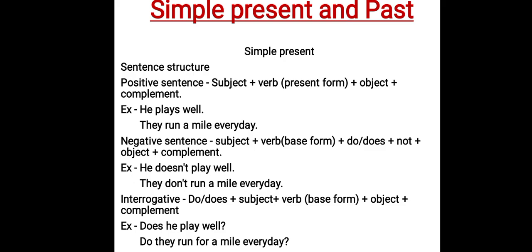The sentence structure in the simple present is, in the positive sentence we start with the subject and then we use the verb in which form? In the present form.